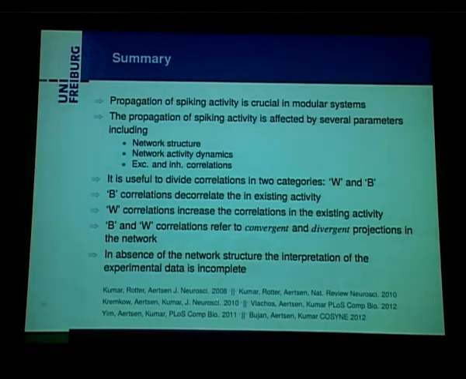Convergent and divergent pathways are everywhere in the brain, meaning you can always define W's and B's. And as soon as you define them, you open up the range of the correlations axis. Earlier you had one axis, now we actually have four axes. It's a four-dimensional space, and you can navigate through it by creating interesting modulation paradigms for correlations. And that itself can become information processing.